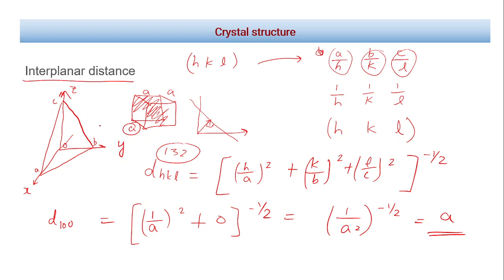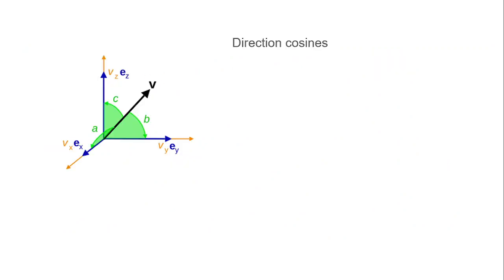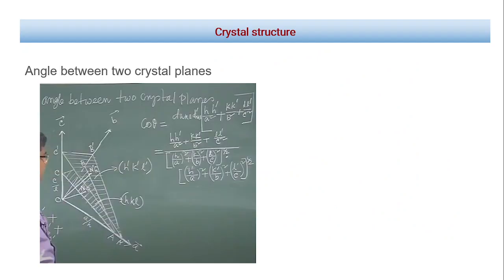Here we had parallel planes and we were trying to find the distance between them. So this was the interplanar distance, the distance between two planes. And now, to tell you how we find the angle between two crystal planes.